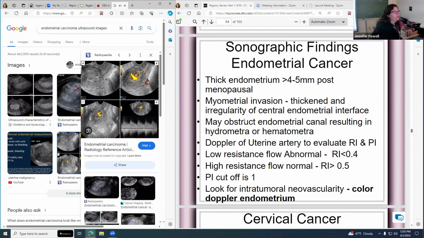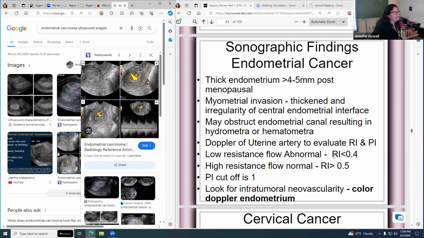So if your cancer has grown to the point that it's blocking the exit, these things can develop. The Doppler of the uterine artery should be done to evaluate the RI and PI.